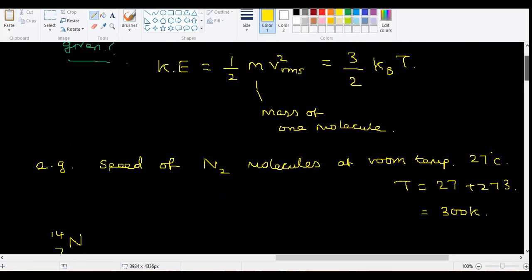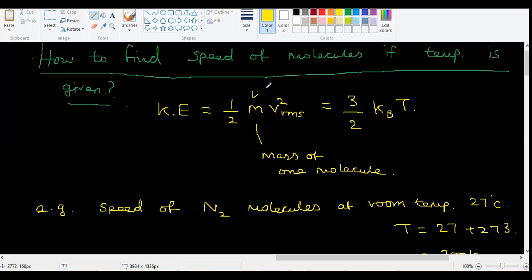So if I do the math, you know this, you know this, you know this, which means you can find this. So very often you'll be using this for your velocity calculation. So lighter the molecule, higher the speed. Why? Because when this is smaller, this will be higher.